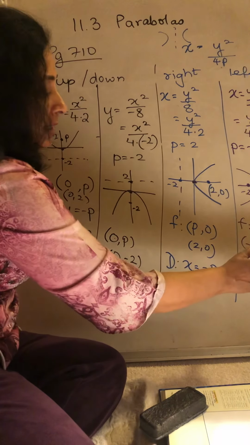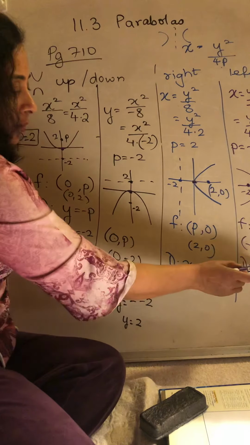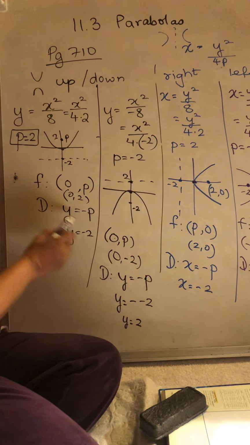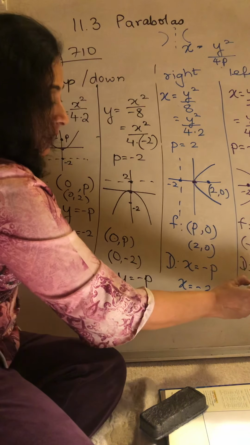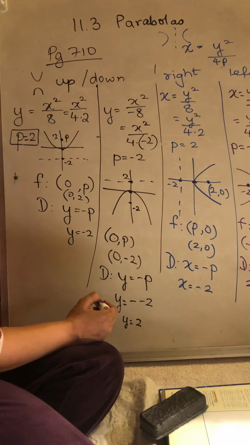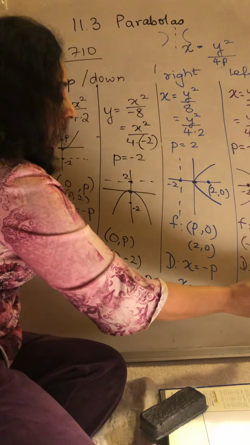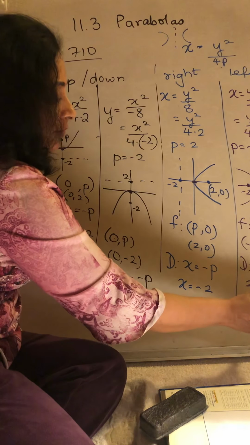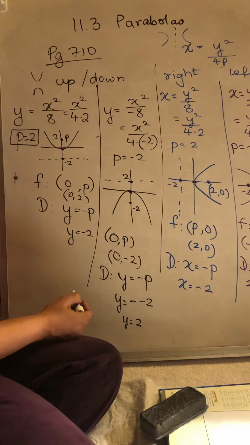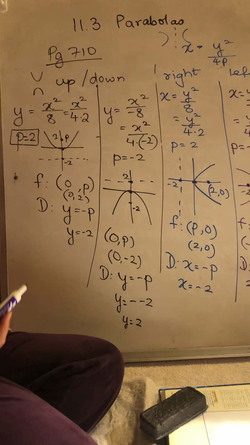All vertical lines are x equals negative p. But in this case, I first write my x and then I write my negative. And what is p? p is negative 2. So negative negative gives me positive 2. See, the equation is here, x equals positive 2.